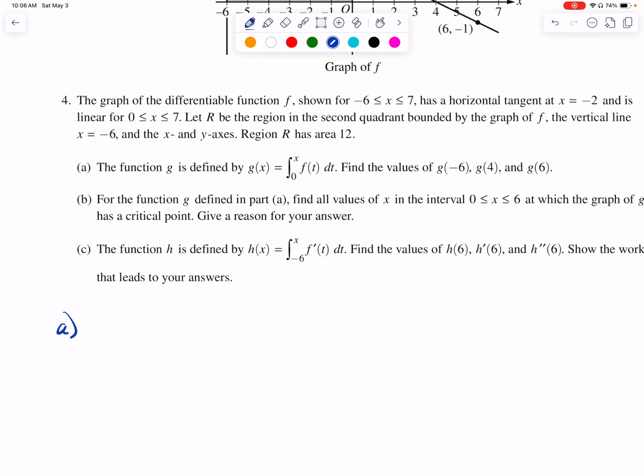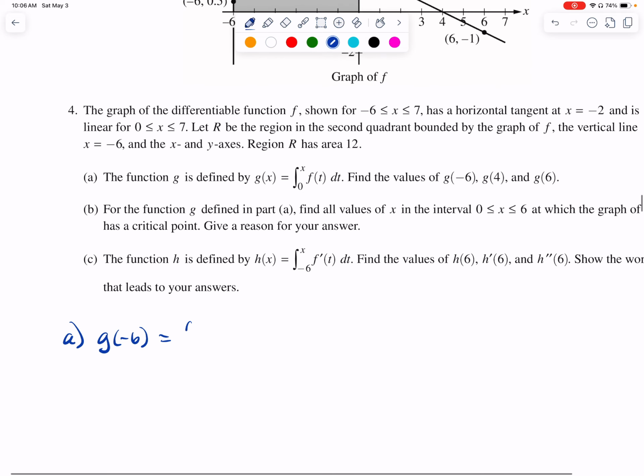So on A, I want g, first of all, of -6. So g of -6, it looks like these bounds are going to be backwards. So 0 to -6 of f of t dt.